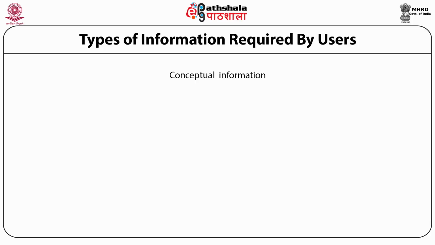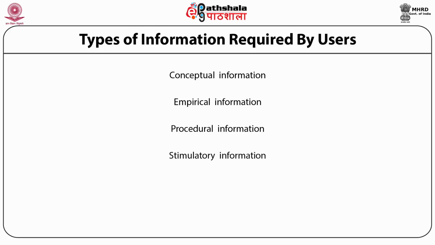At other times, they need empirical information. The same user group may also require procedural information, and at a later time may want stimulatory information. Policy information is also needed by users, and directive information is also required by them from time to time. So these are some of the types of information which are required by the users.